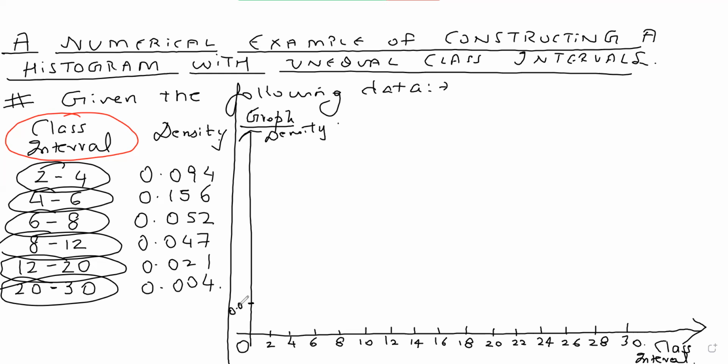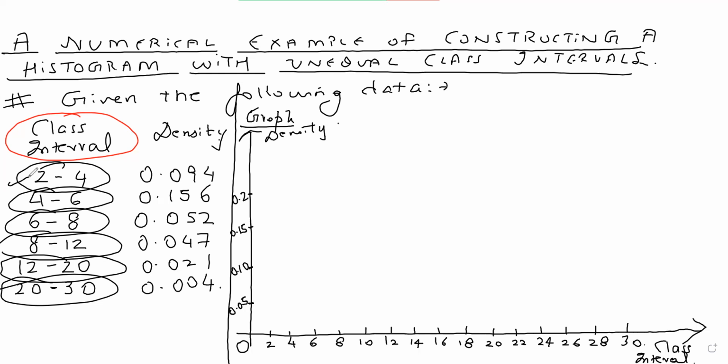Then we have 0.10, then 0.15, and then 0.2. So 1 centimeter on the vertical axis represents 0.05. I'm adding 0.05 every time.